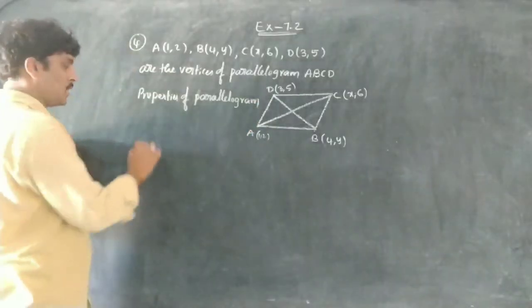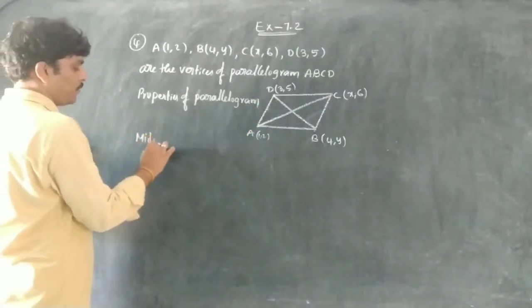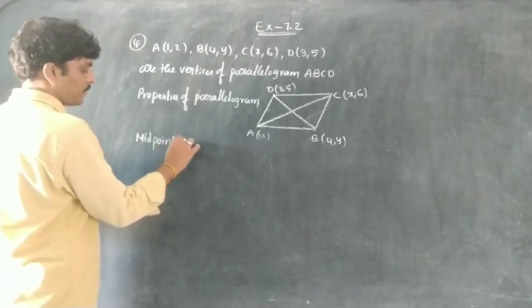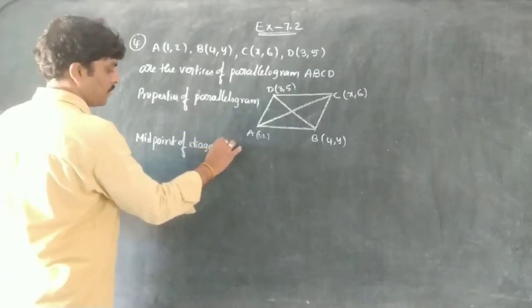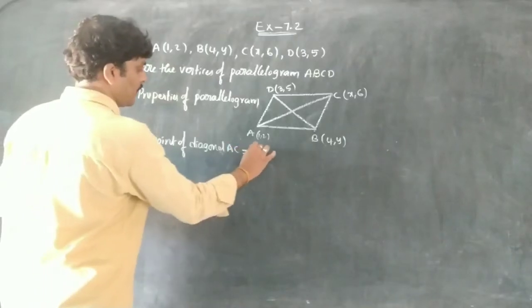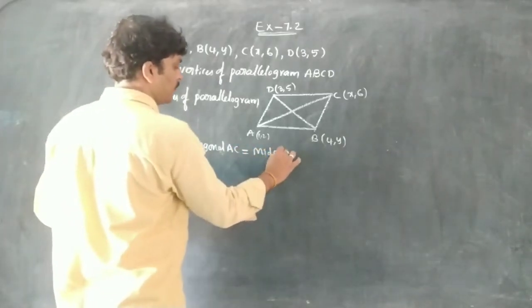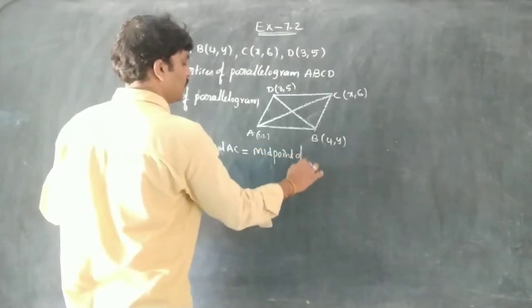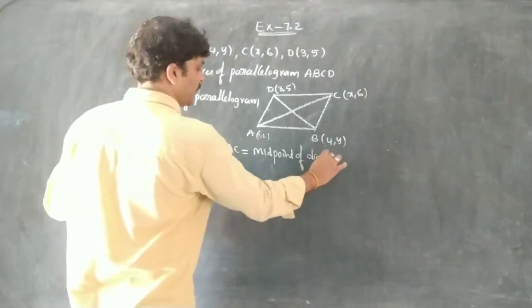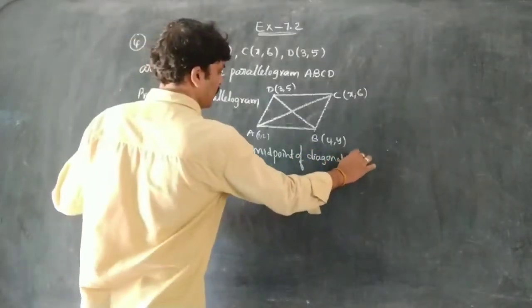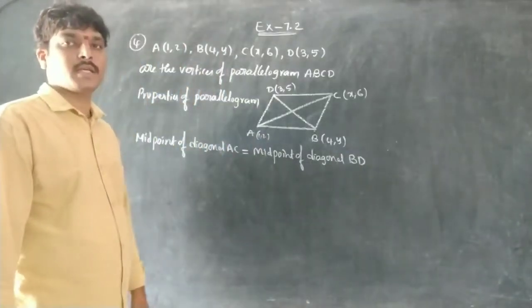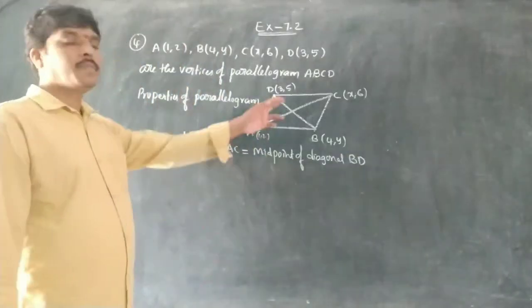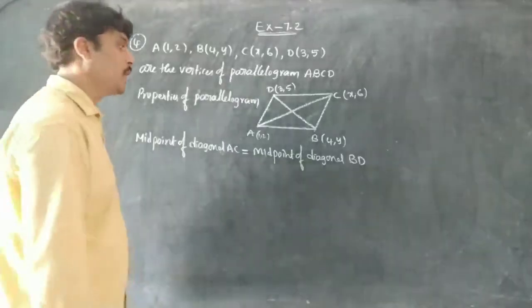Because here it is given ABCD is a parallelogram, so the diagonals bisect each other. Midpoint of AC is equal to midpoint of BD.